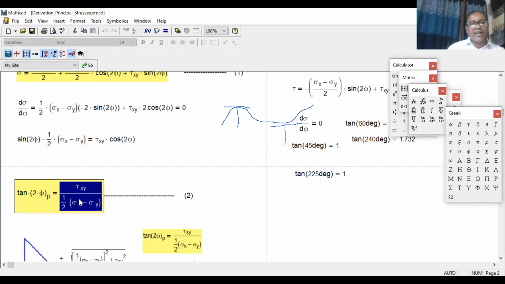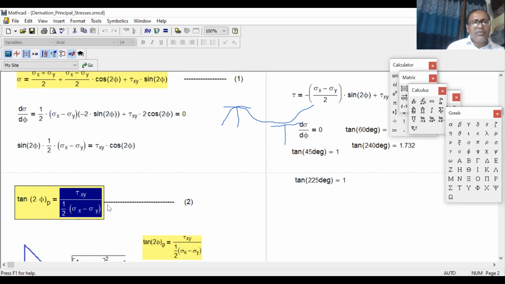So what does it mean? Right now, I will not say this is phi. I'll say this is the principal plane, because I already figured out the stress maximum and minimum by applying that condition. So this angle I call the principal angle, where sigma will be maximum and sigma will be minimum.